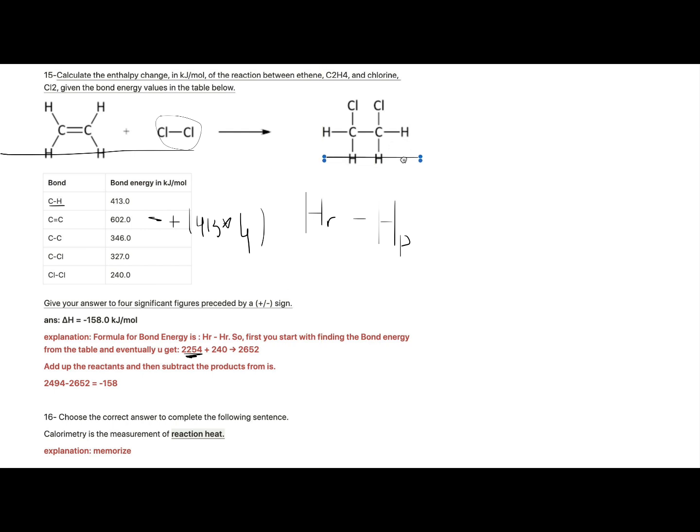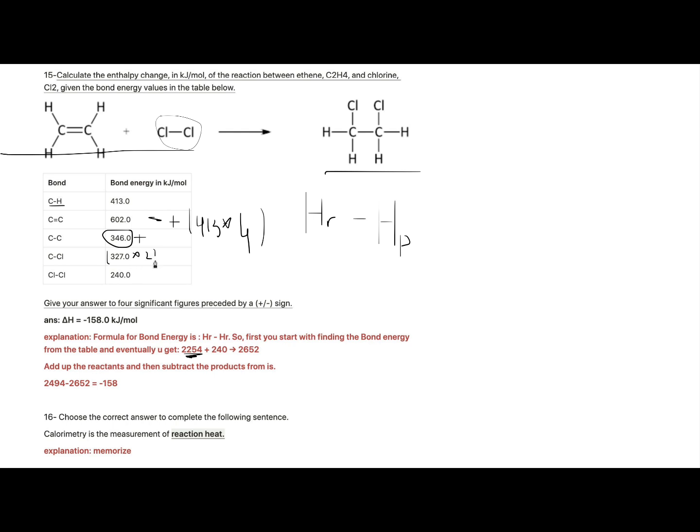Now we move on to the product side. Carbon to carbon is 346, so you do 346 plus carbon to chlorine twice, so 327 times 2.